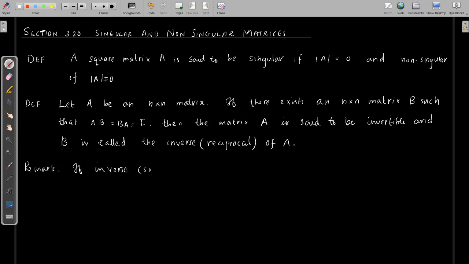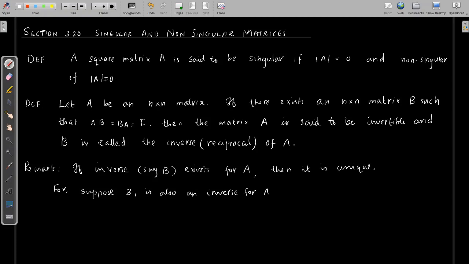Now we have a remark. The inverse of a square matrix is always unique if it exists. The inverse need not always exist. If it exists, then it is unique. Because we assume A is a square matrix with two inverses B and B1.